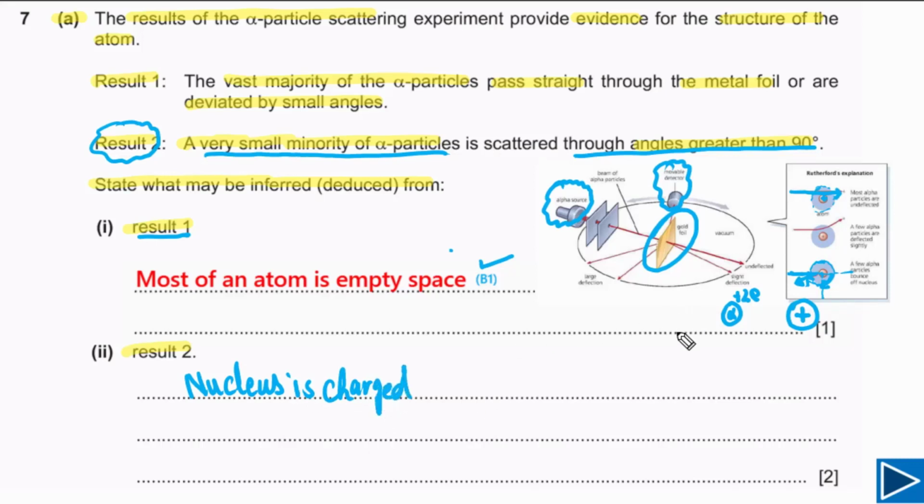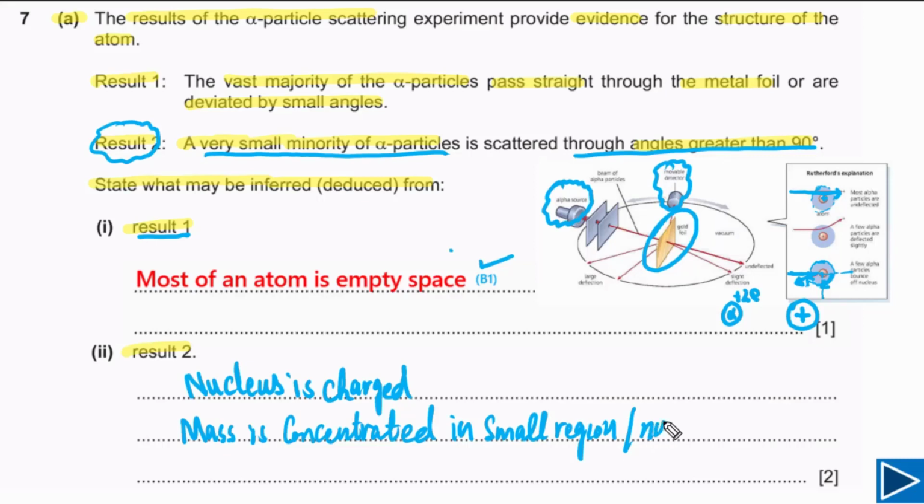The second thing we can also conclude is that the mass of an atom is concentrated in the nucleus, because most alpha particles went straight through, meaning nothing is in this empty space. So we can write that mass is concentrated in a small region, and that small region is the nucleus.